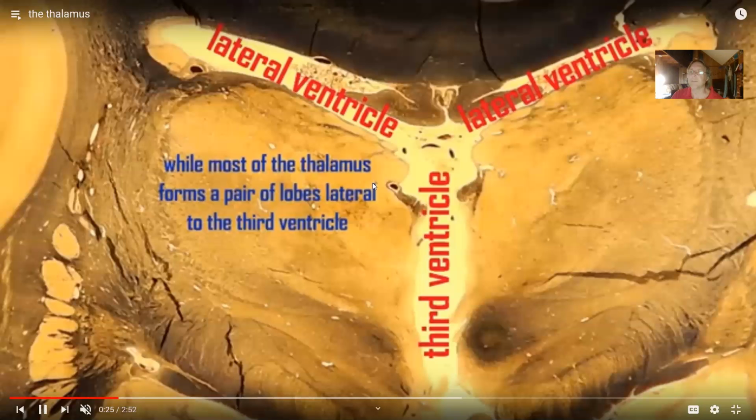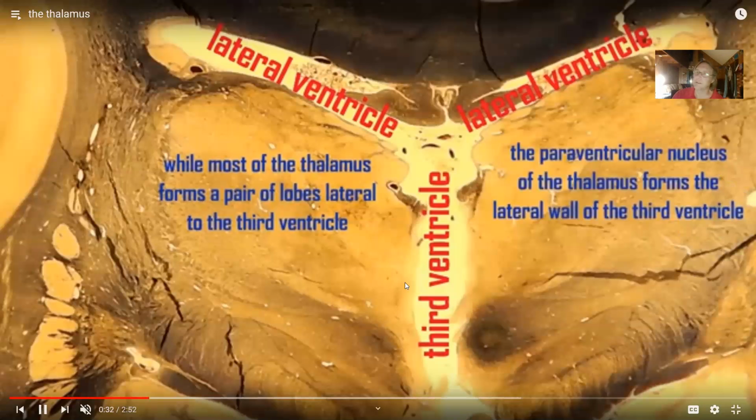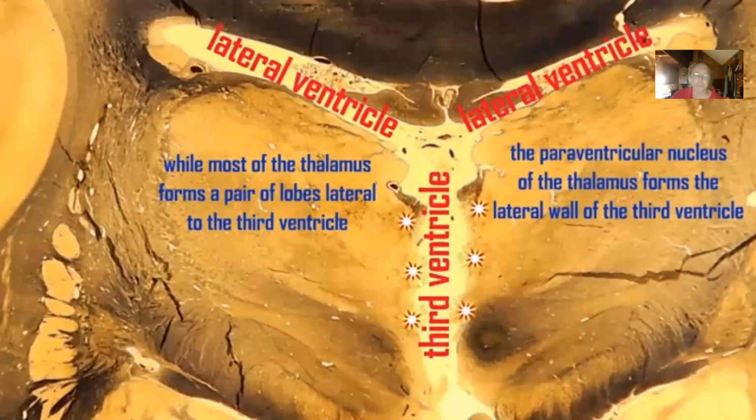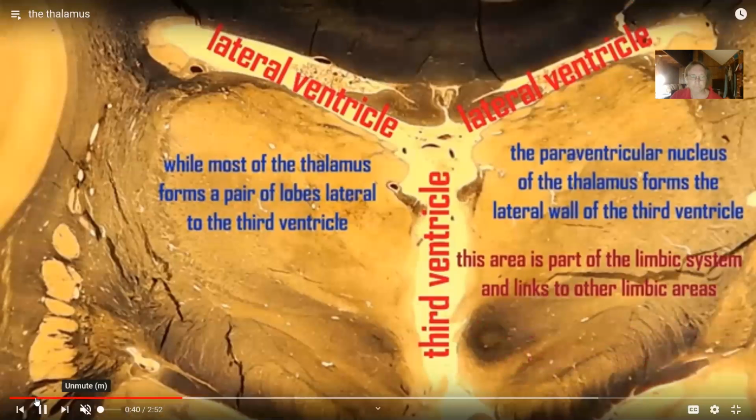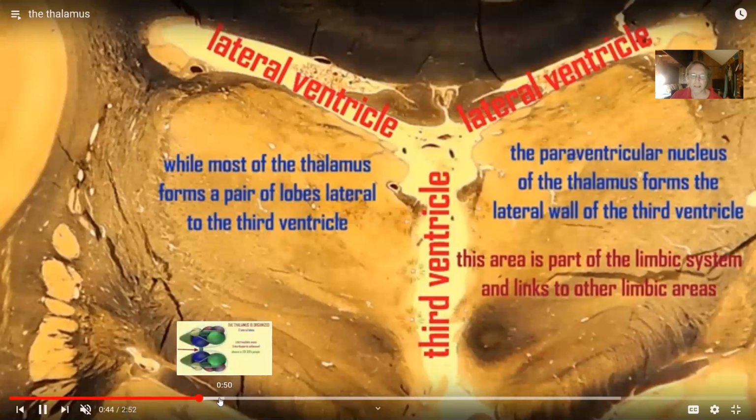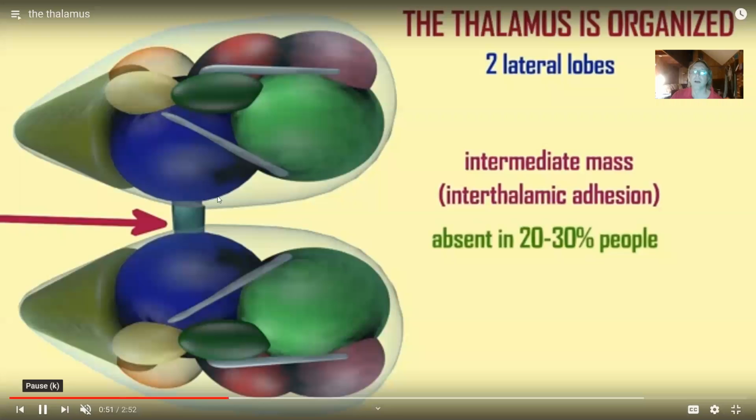So when we speak of the thalamus, proper, we're referring to these two lateral lobes, but it does also include a little bit of gray material, which is actually forming the lateral walls of this third ventricle where cerebrospinal fluid passes. So the thalamus is primarily these two lateral lobes.